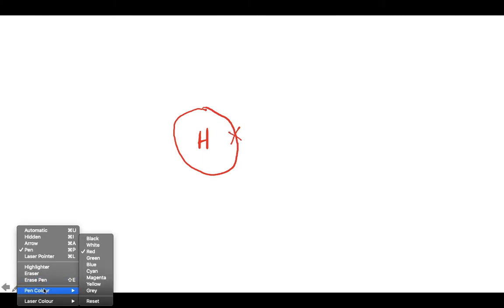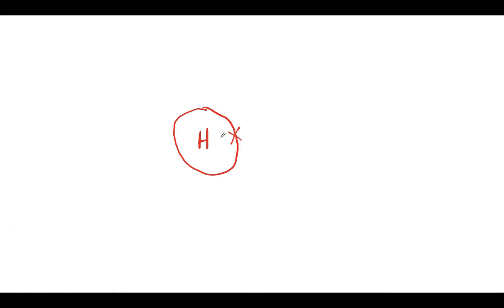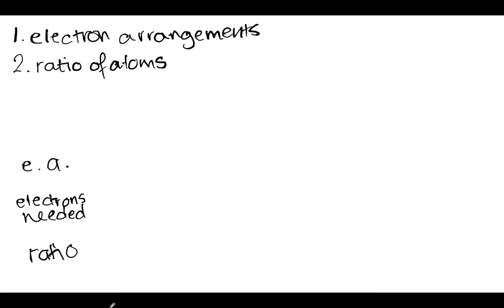So we have our hydrogen atom here with its single electron, and beside it we have our chlorine atom with its 7 outer electrons. And that, my dears, is the bonding diagram for hydrogen chloride. Okay.